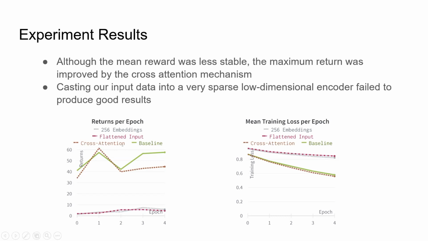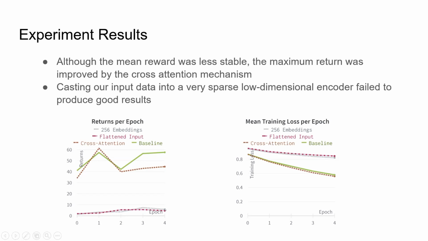The key point to take away here was that we had varied results of the mean game score over the number of epochs, but the maximum score that we were able to reach was actually higher in the cross attention module. Looking at these two in the bottom, this is when we try to flatten the input by removing the convolutional layers and then also increasing that embedding size as well.